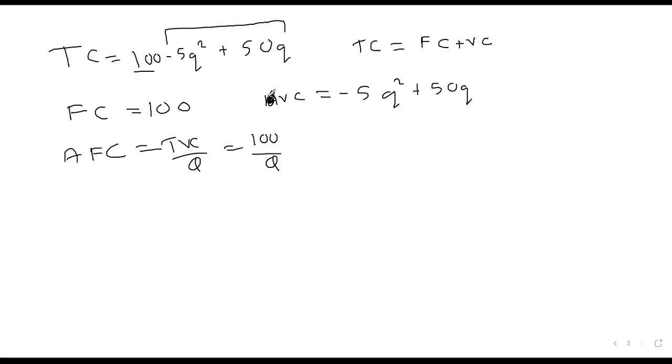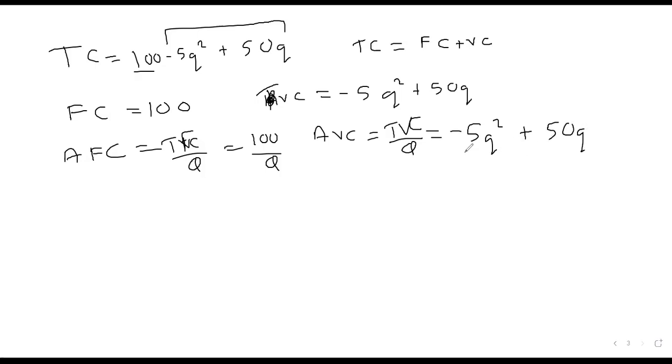It's just the total variable cost. So to get the average variable cost, we divide the total variable cost by quantity. To get the average fixed cost, we divide the total fixed cost by quantity. So our variable cost here is minus 5Q squared plus 50Q.